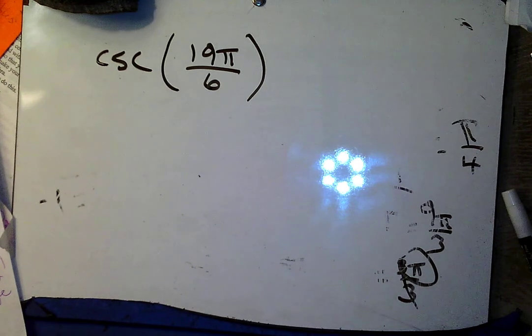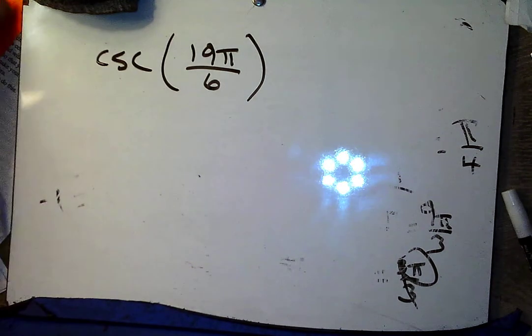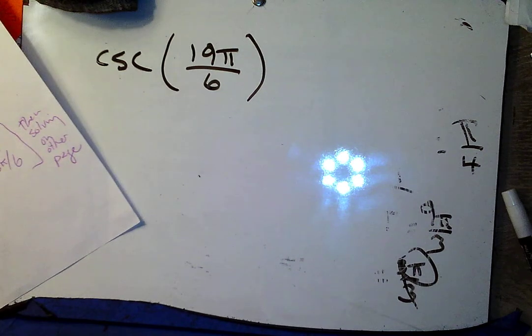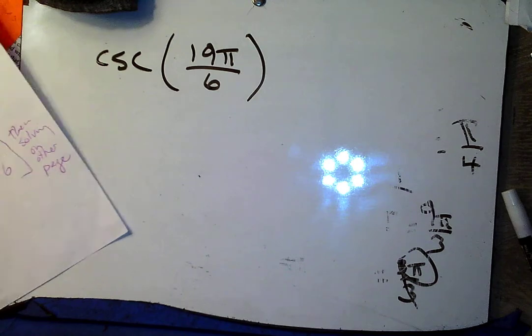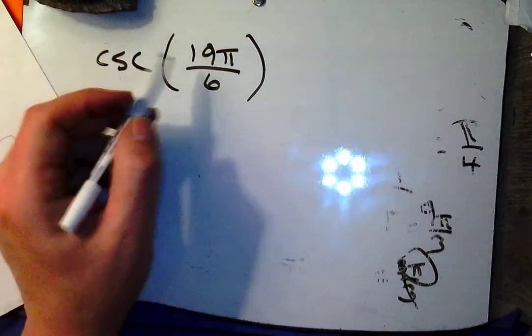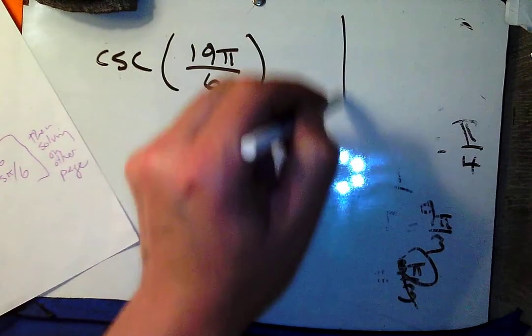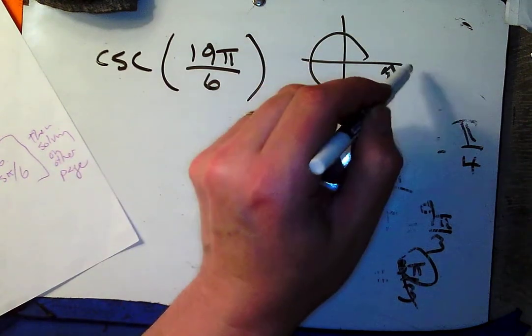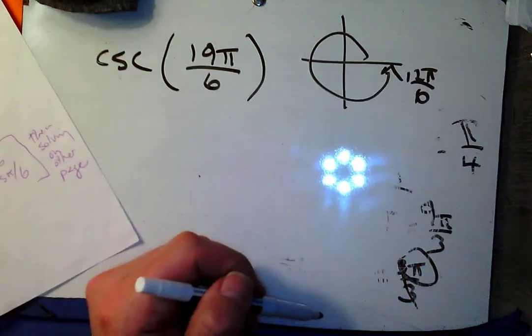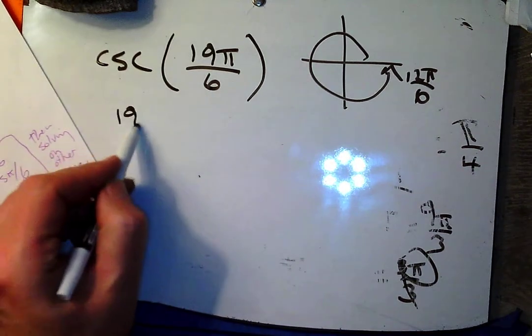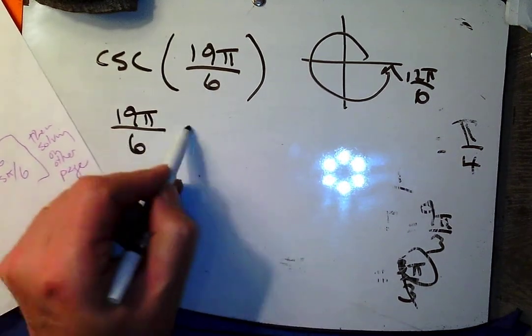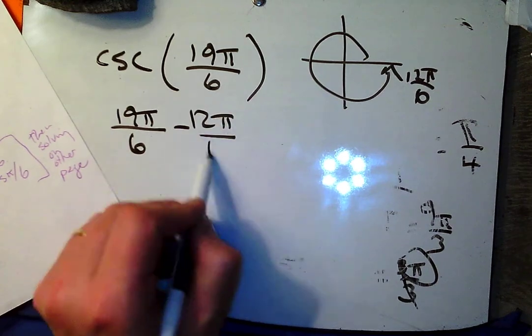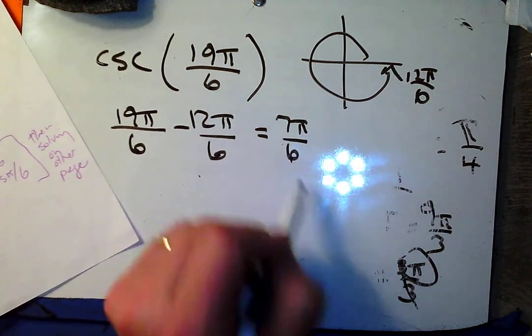5, 4, 3, 2, 1. So, okay, too big for my unit circle. My unit circle stops at 12 pi over 6. So let's subtract 1 time around the unit circle, and we get 7 pi over 6.